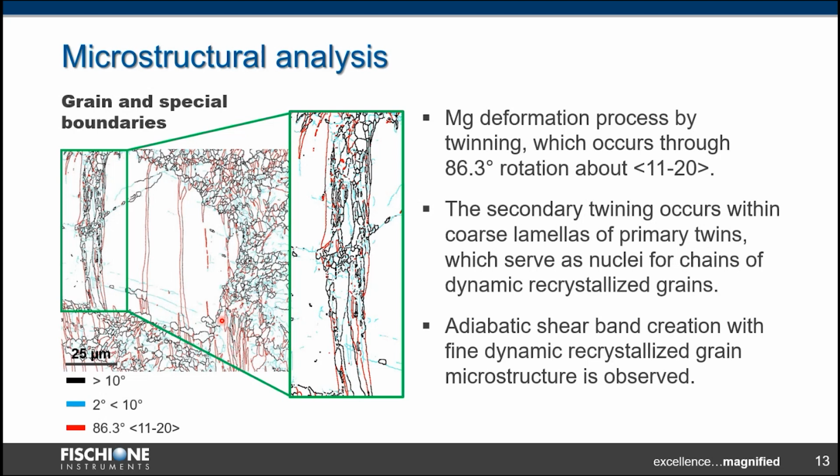The EBSD results show the magnesium deforms by twinning, and while exposed to constant load, secondary twinning occurs within primary twins, as you can see here. These serve as nuclei for dynamic recrystallization, and we can observe shear band formation, as you can see here, with fine dynamically recrystallized grains.